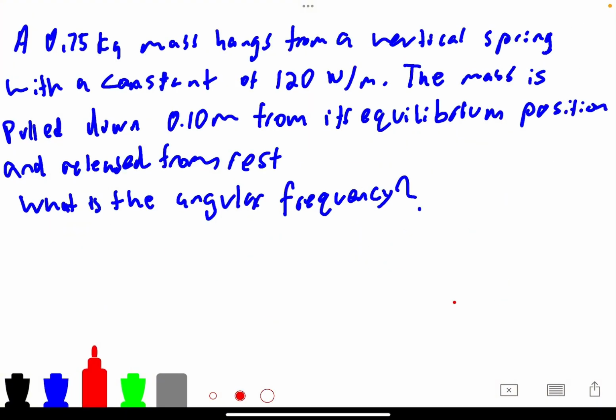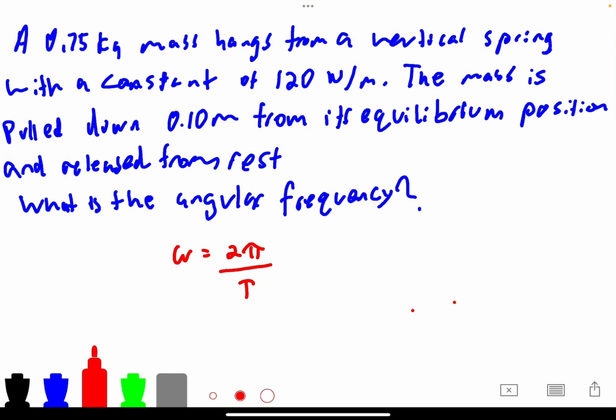A 0.75 kilogram mass hangs from a vertical spring with a constant of 120 newtons per meter. The mass is pulled down 0.1 meters from its equilibrium position and released from rest. What is the angular frequency? Angular frequency is equal to 2 pi over the period.